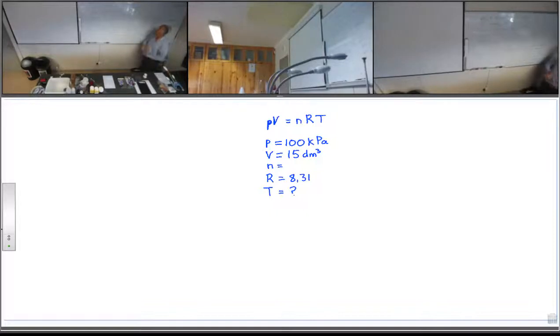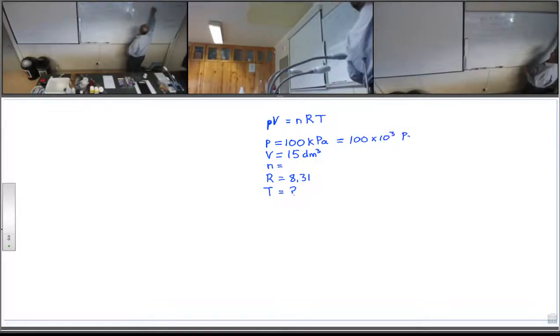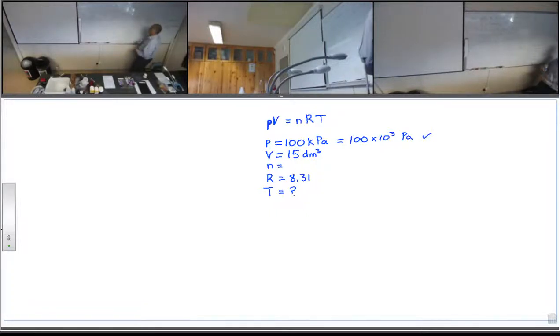Okay. Right, let's have a look at everything. Pressure, 100 kilopascals, is that okay? Can we work in kilopascals? How do I change it? Becomes 100 times 10 to the 3 pascals. Now it's right. All right. Volume, 15 decimeters cubed.